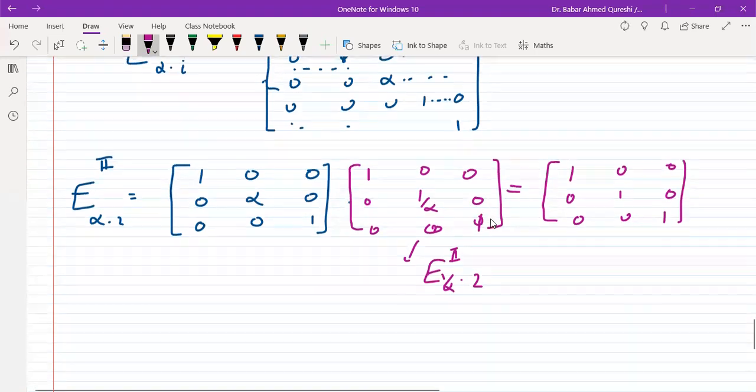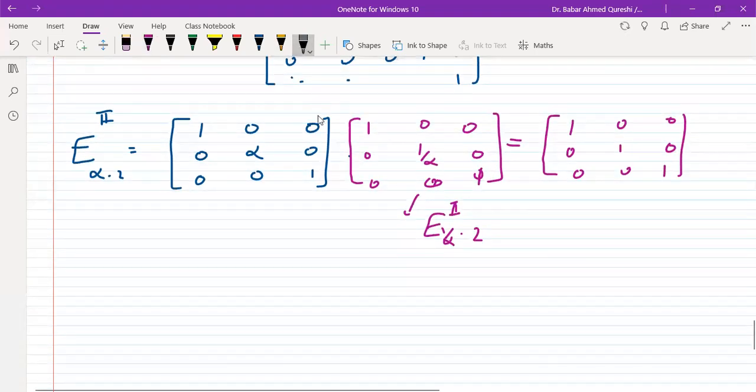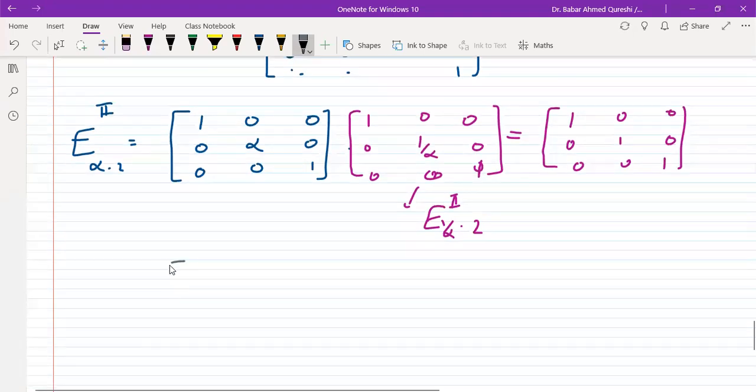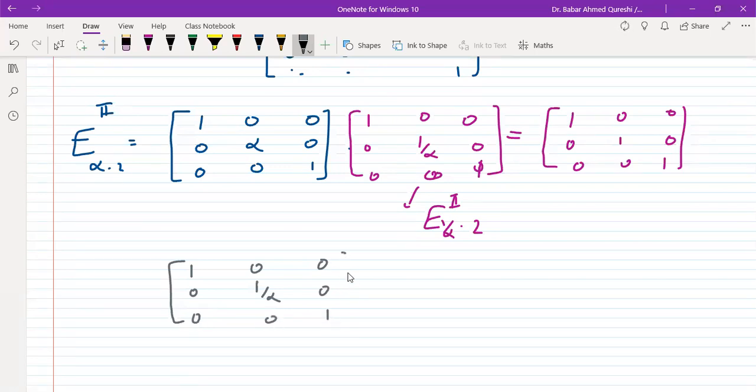I multiplied it from the right, but I know the inverses work both ways. But the correct way to think about it is this: this guy itself is an elementary matrix which multiplies the second row of the matrix to the right of it by 1 over alpha. So when I multiply the second row of this guy with 1 over alpha, I'll get the identity back.